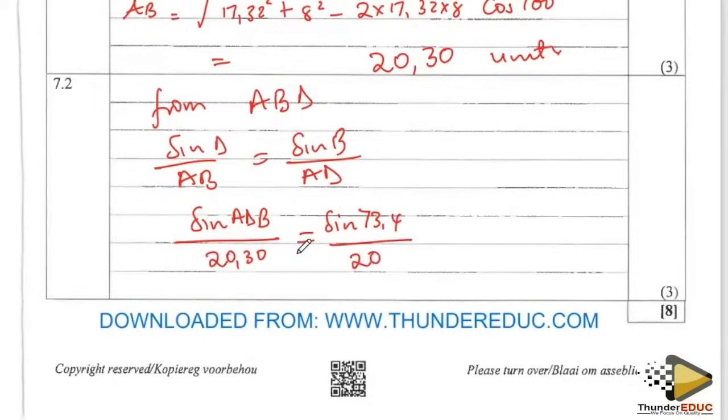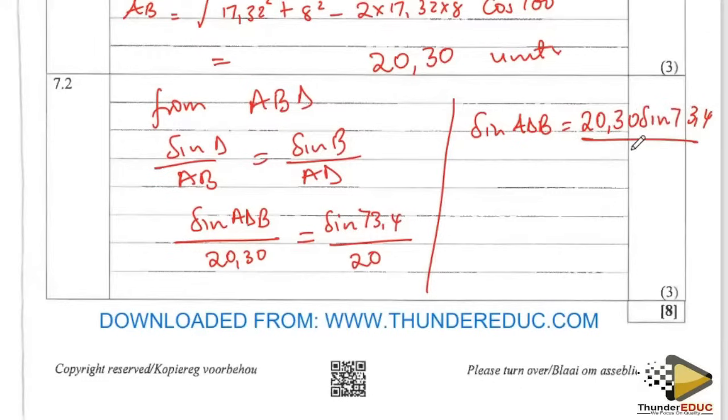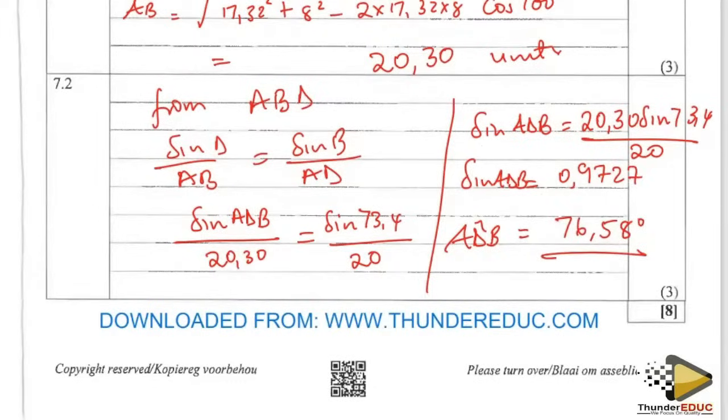I'll cross multiply. So it means the sine of ADB is 20.30 times the sine of 73.4 over 20. Let's simplify that. Sine of ADB is giving me 0.9727, and I must find the inverse sine of that. I'm having 76.58 degrees.